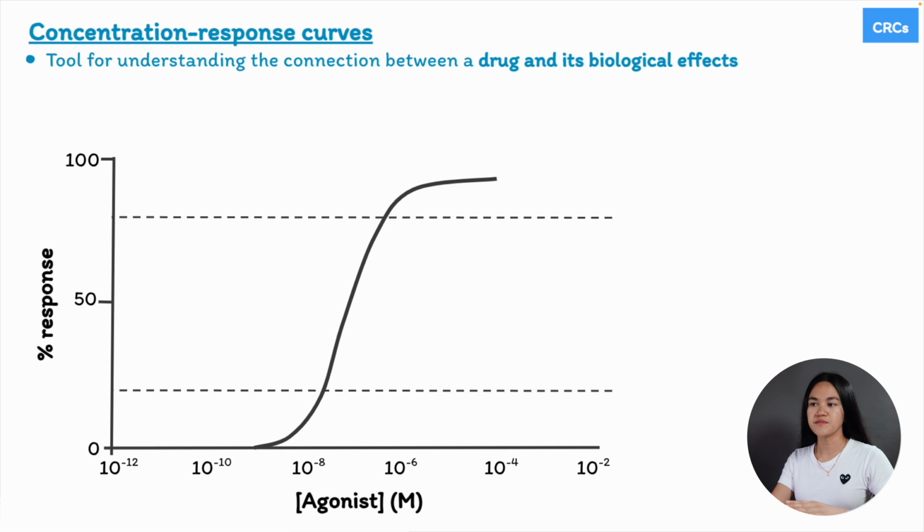When we administer an agonist drug, the biological response initially increases proportionally with the amount of drug that is given. In other words, as the drug concentration increases, the effect becomes more pronounced. The increase in drug concentration leads to more drug molecules binding to the receptors through the law of mass action, as we covered earlier.